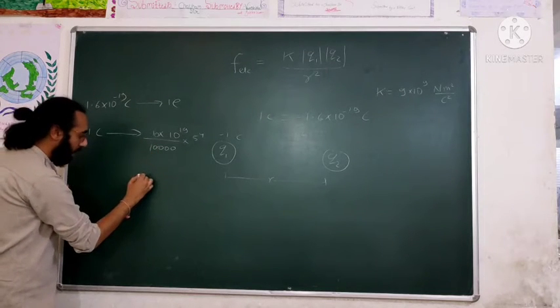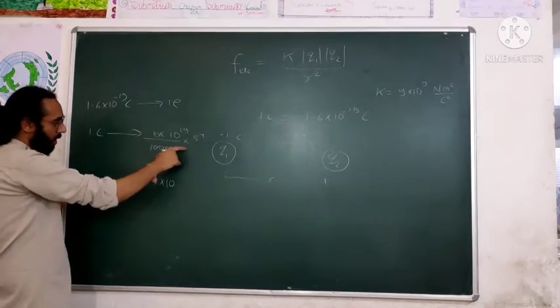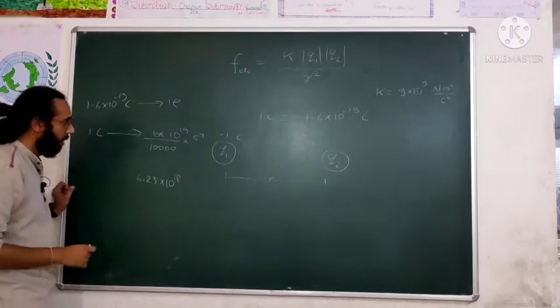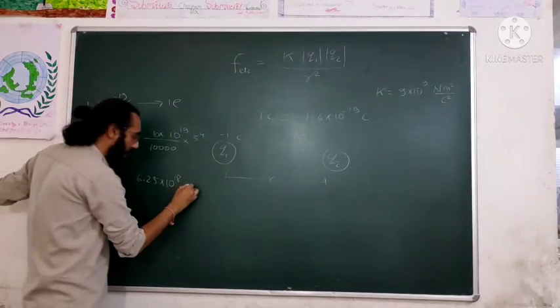On simplifying we will get 6.25 into 10 to the power 18 electrons.